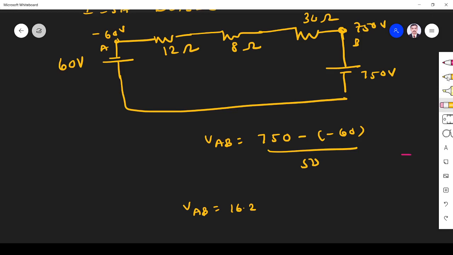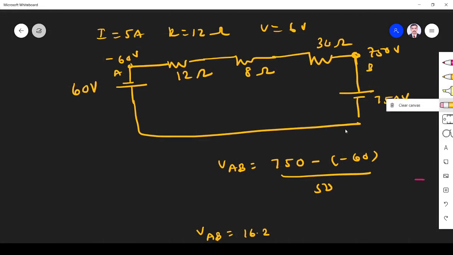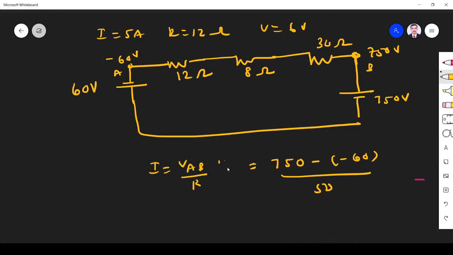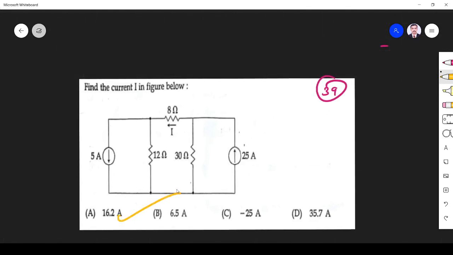Sorry, it is not VAB, it is I. Please forgive me. So I is equal to VAB by R, so I is equal to 16.2 amps. So option A is the right answer.